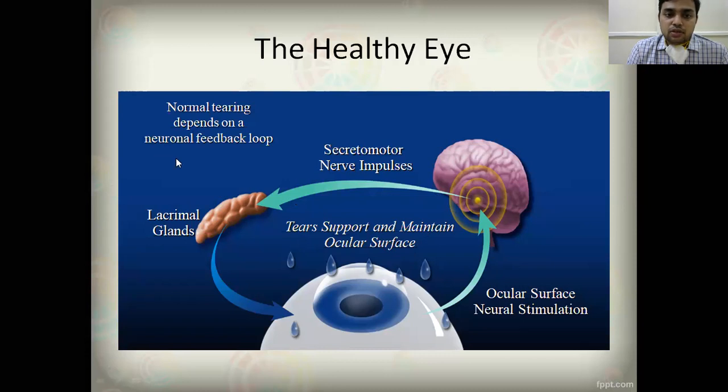So this functions as a neuronal feedback loop. Normal tearing depends on this neuronal feedback loop. So the normal ocular surface in turn stimulates the CNS, and the CNS in turn stimulates the lacrimal gland to secrete the normal tears. So this neuronal feedback loop is important for the normal healthy eye.